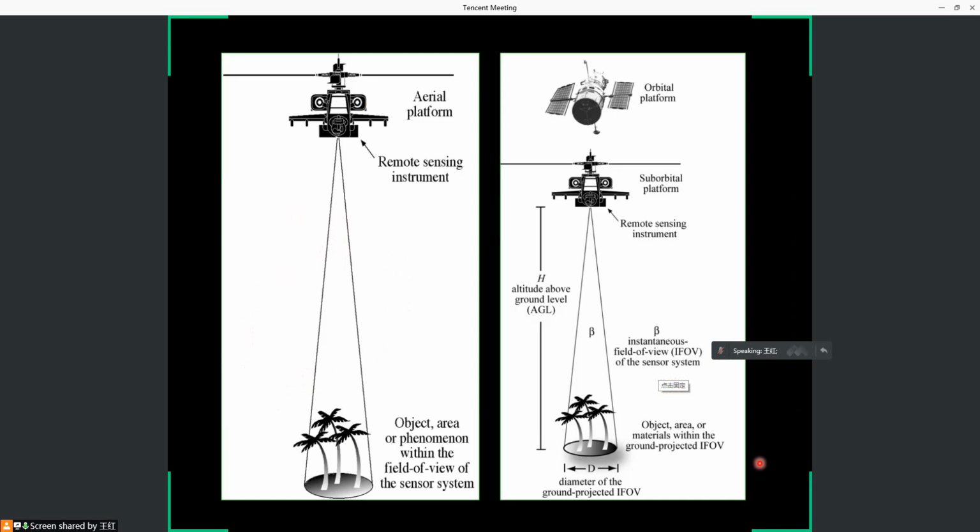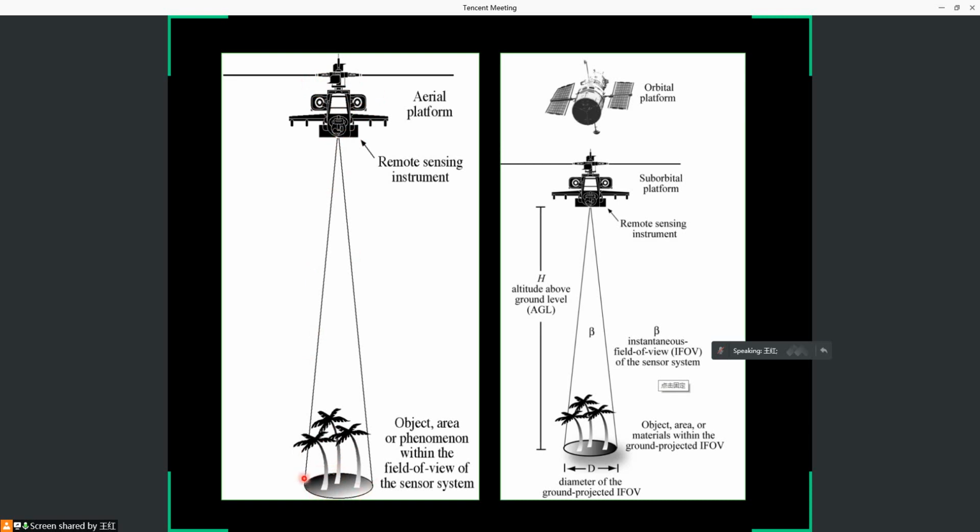And you see this is the aerial platform area, or the orbital platforms. This is the aerial platform, and here is the remote sensing instrument. When it's on the platform, it sees the ground object or the target from a distance.